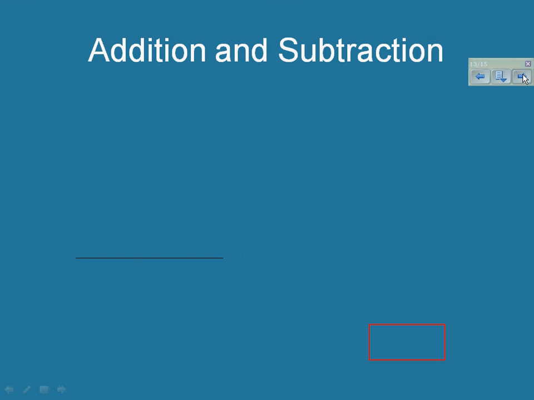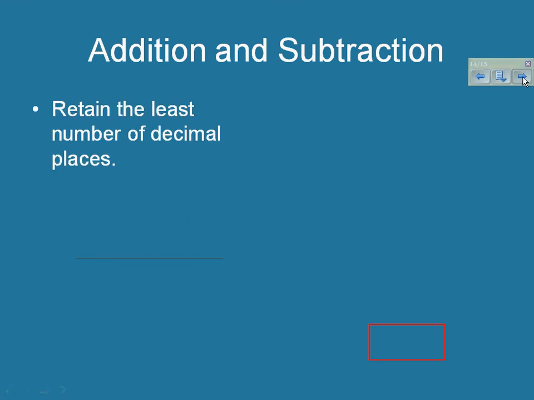Addition and subtraction. Retain the least number of decimal places of the numbers that you're using. So let's say we have these numbers, 897.0, and we're subtracting 0.922. Go ahead, use your calculator. You get 896.9078.